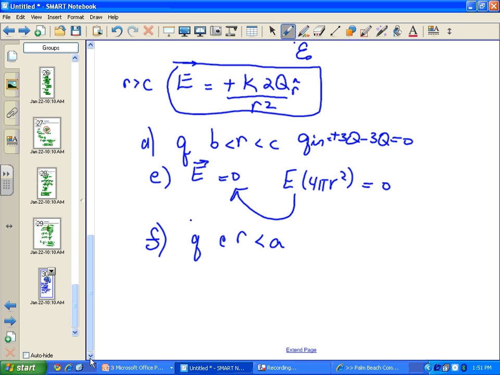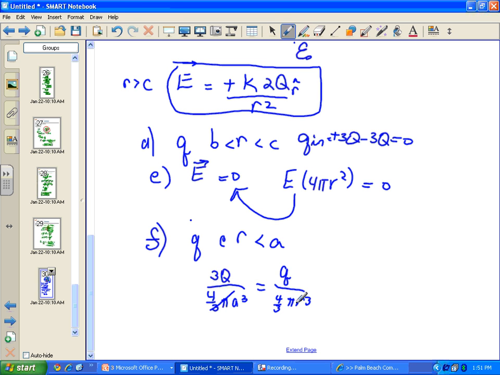So we must take into account that the ratio of 3q, the total charge on the sphere, over 4/3 pi a cubed equals lesser quantities of charge over 4/3 pi r cubed.